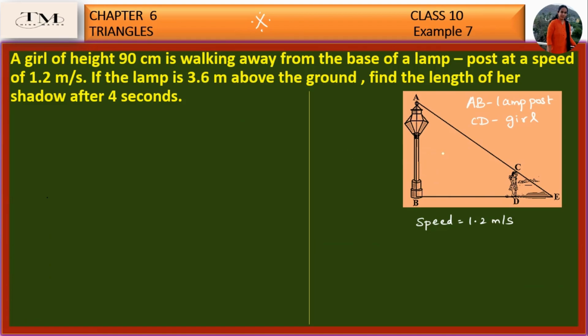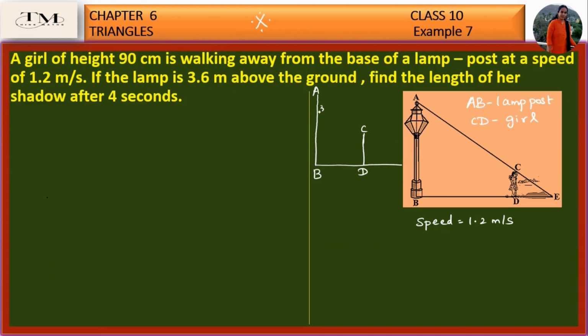Okay. So now let us convert this into proper triangles. So this is the lamp AB. There is some distance traveled. Where is the girl? The girl is here at D. CD is the girl. So AB is 3.6 meter.